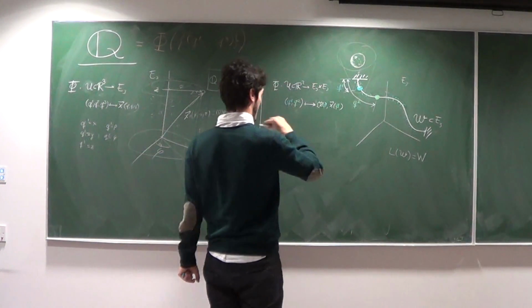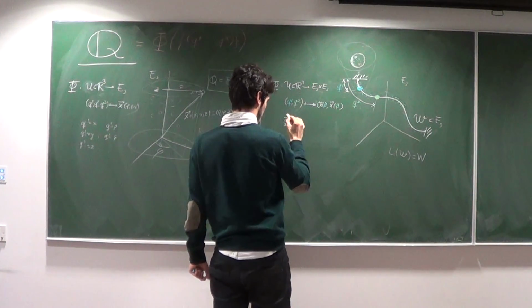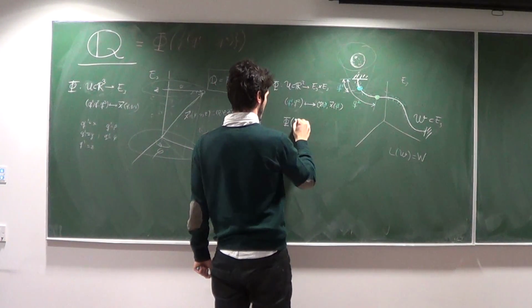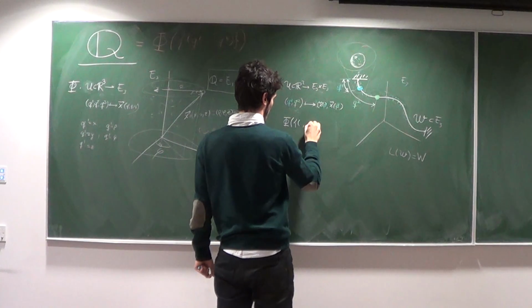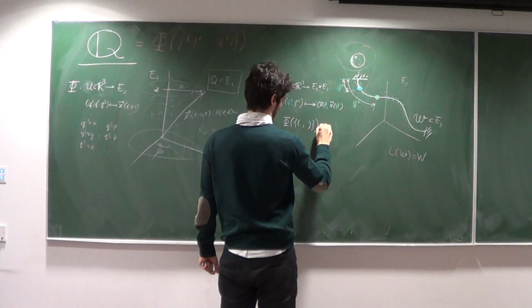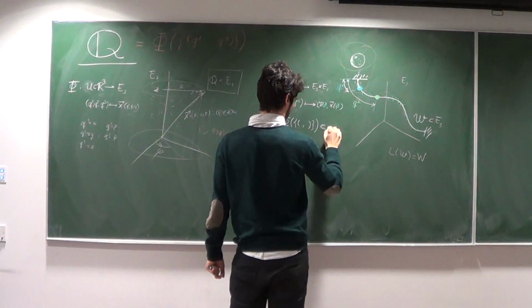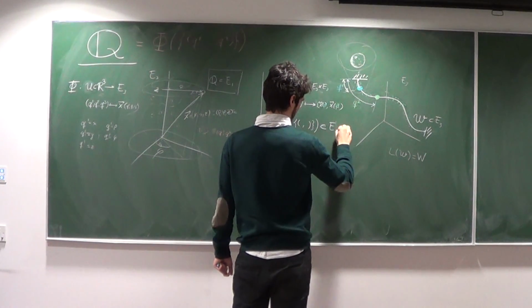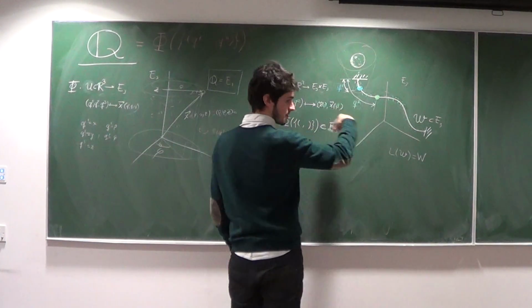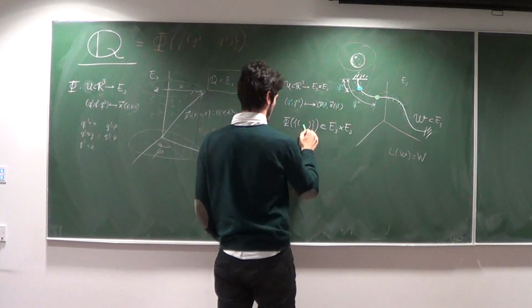But in our case, I'm going to be explicit. The image of all possible Q's is a subset of a 6-dimensional Euclidean space, right?